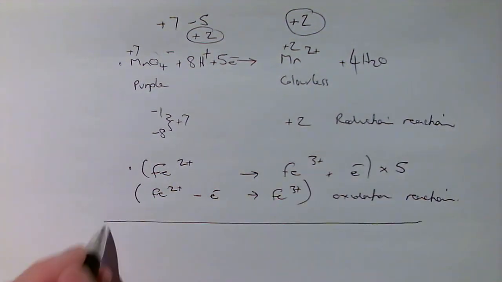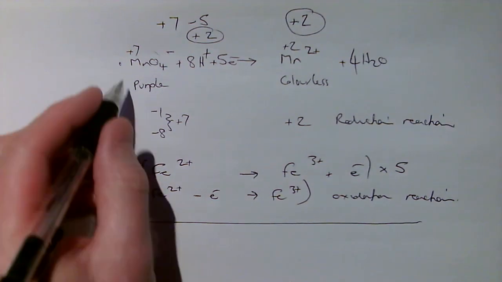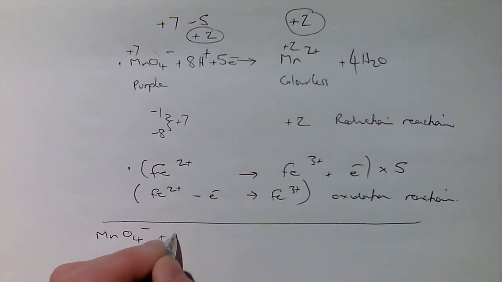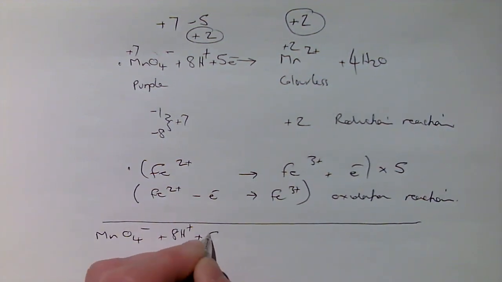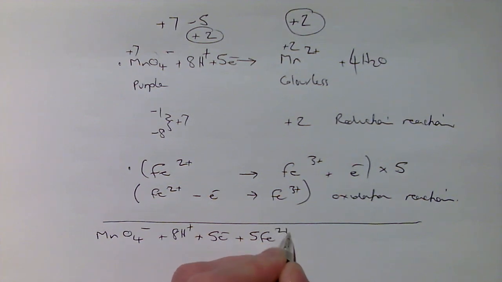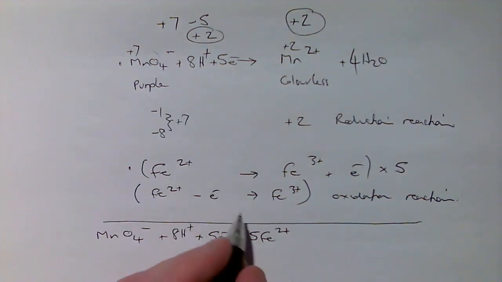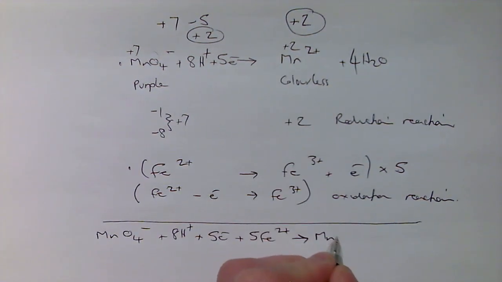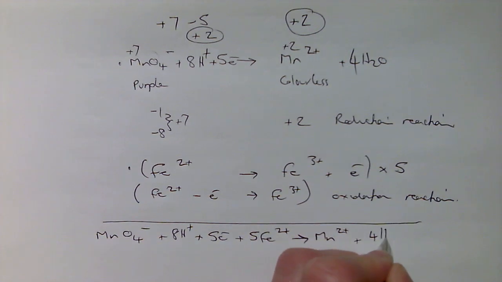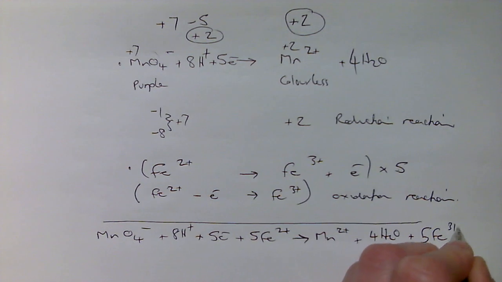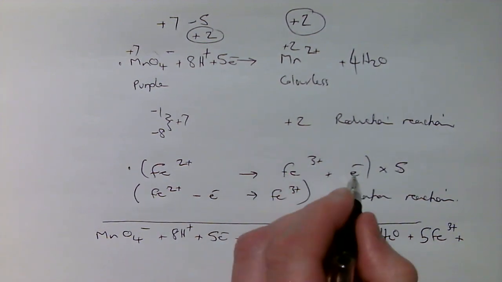Let's have a look at the overall equation then. So we've got MnO4 minus plus 8H plus plus 5 electrons, plus 5 Fe2 plus, going to Mn2 plus plus 4H2O plus 5 Fe3 plus plus 5 electrons.